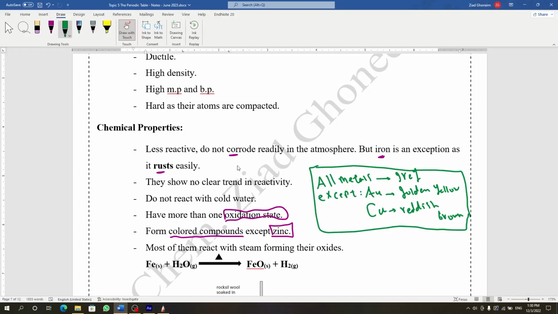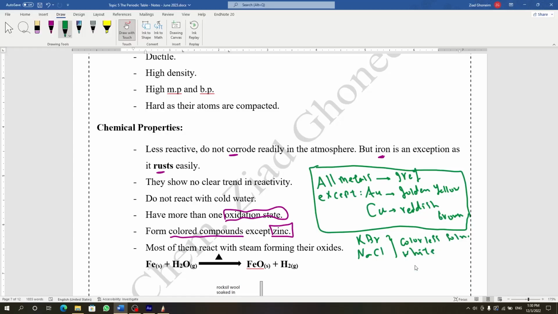Now, the alkali metal compounds like potassium bromide, sodium chloride, all of these compounds are colorless, or they form colorless solutions, right? Their color itself is white, and in chemistry, white is not considered a color.